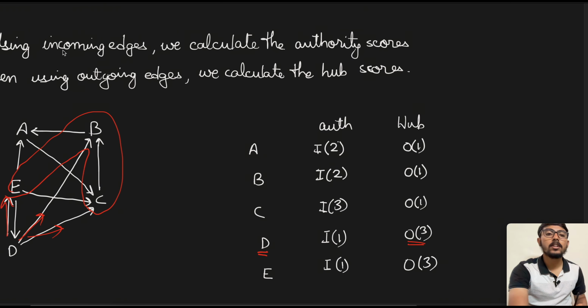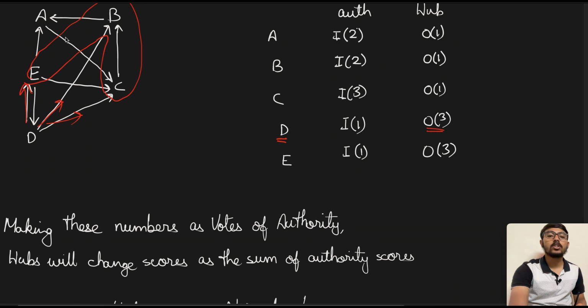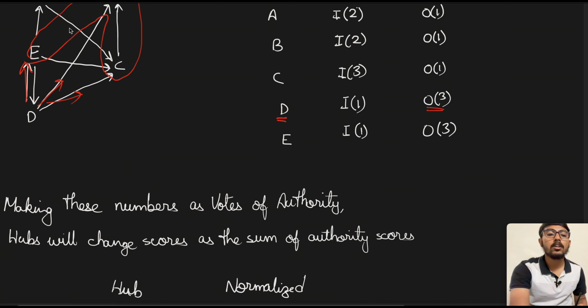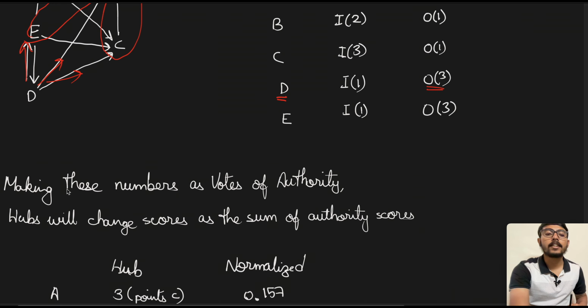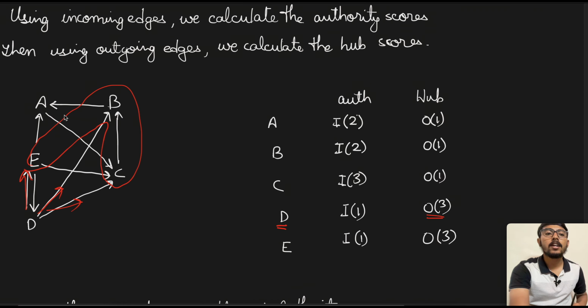That's how we do the initial value assignment, then make these numbers as votes for authority just as we did, and hubs will change scores as the sum of authority scores. So we use these authority scores and derive the hub scores in the next step. So we see that A points to C, right?